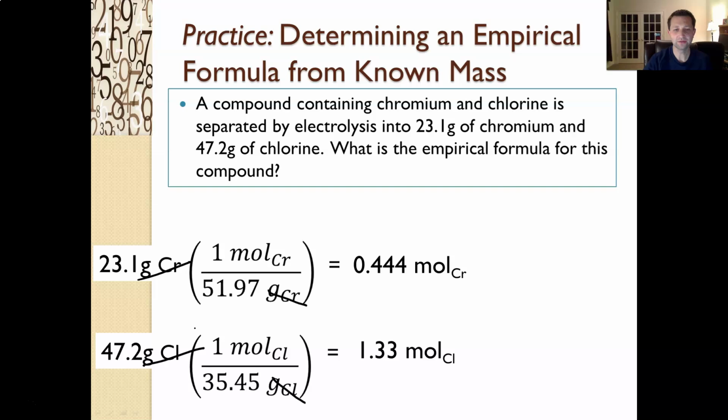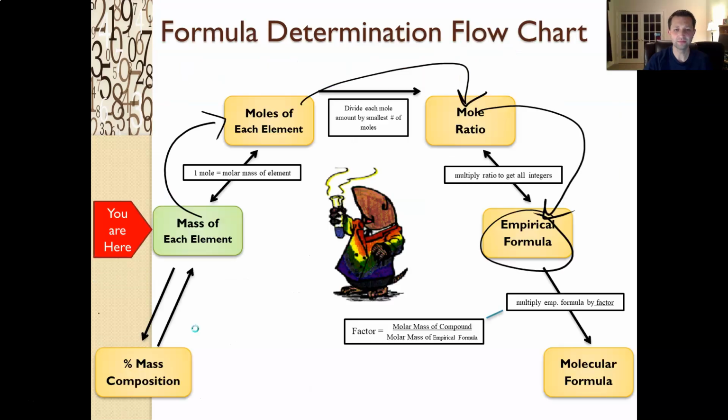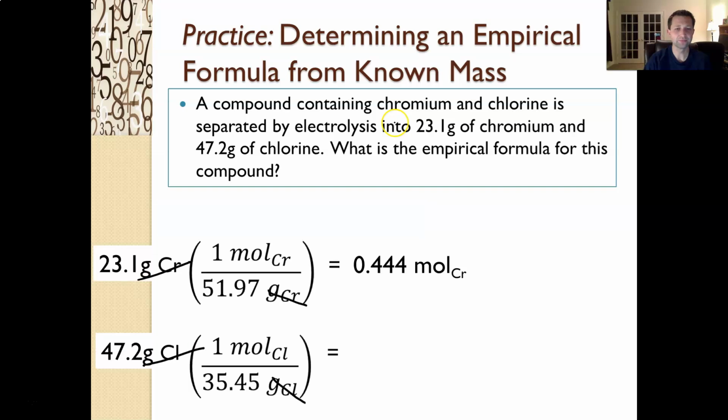So if we go back to the mole rainbow thing, we're right here. We have the moles of each element, right? I want to get to my mole ratio. You have to divide each mole amount by the smallest number of moles. So that's a really important step here. All right. So let's divide through by the smallest number of moles to get my ratio, right?